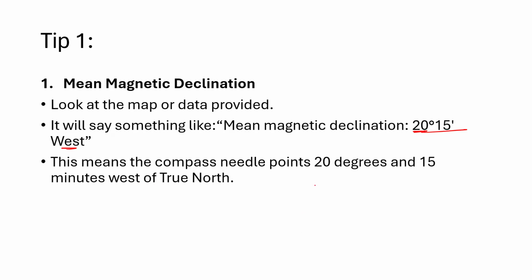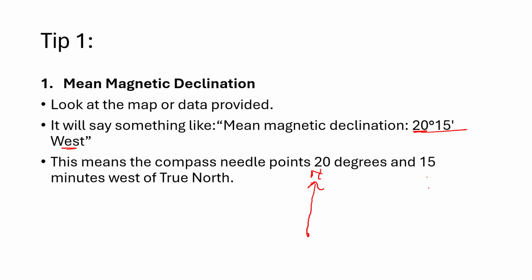So if we were to draw this, we know that the true north is always pointing upward, and then the magnetic north, or the needle, moved 20 degrees 15 minutes west.